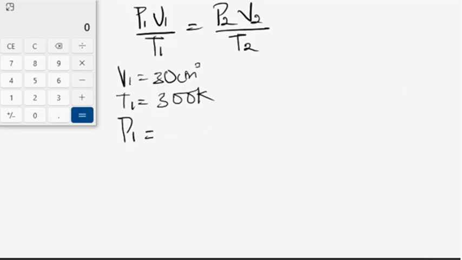Then guys, for the pressure here, in order for us to know the pressure for this hydrogen gas, we actually collected this hydrogen gas over water. So we are now given the pressure for both the hydrogen gas and water, which is 780 millimeters of mercury. But then the vapor pressure of water at this temperature was also given to be 10 millimeters of mercury.